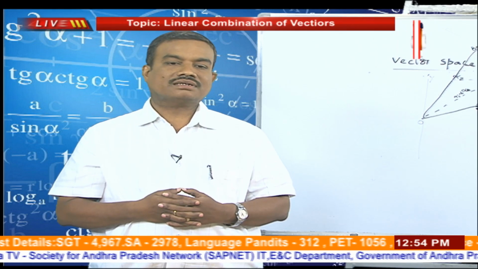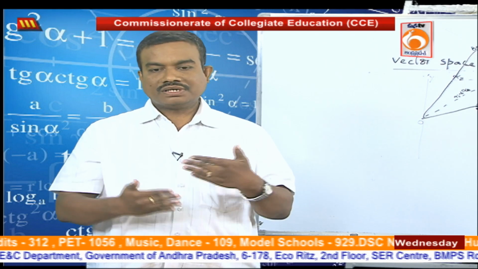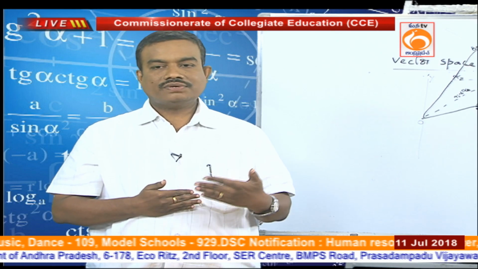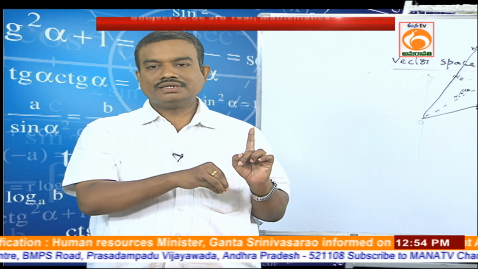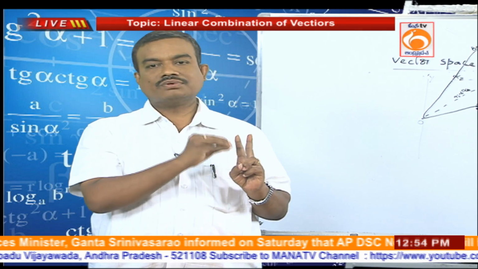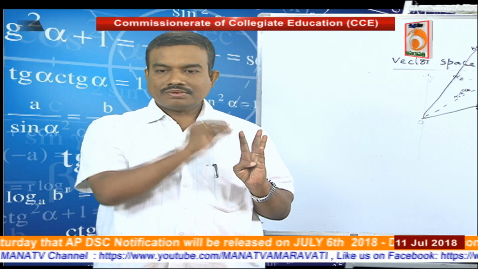I hope you understood the concept of linear combination of vectors. So finally, let me conclude. In this class we defined what a vector space is, understood some points and a simple theorem about vector spaces, and also did some examples and some problems for homework.